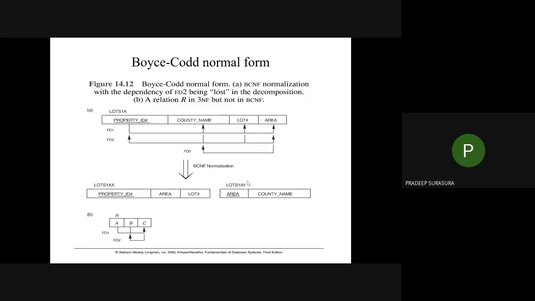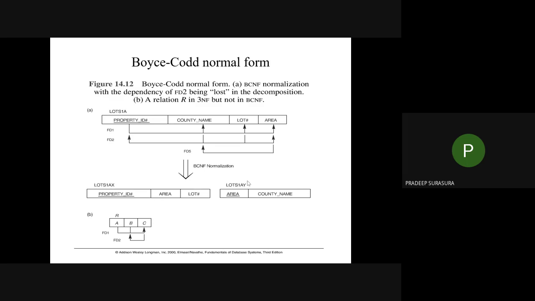country name. Now having this FD, I have to follow the definition of third normal form. I observe that area determines country name. Area is not a primary key, but country name is a prime attribute because it is part of the primary key. So that satisfies third normal form.